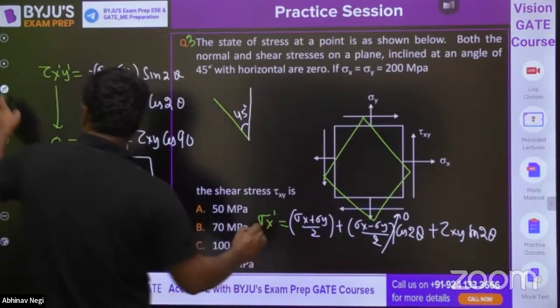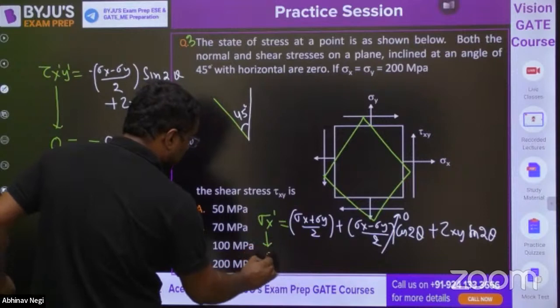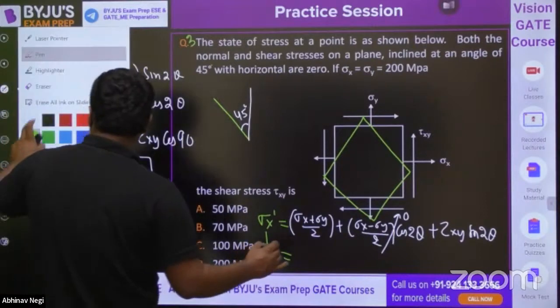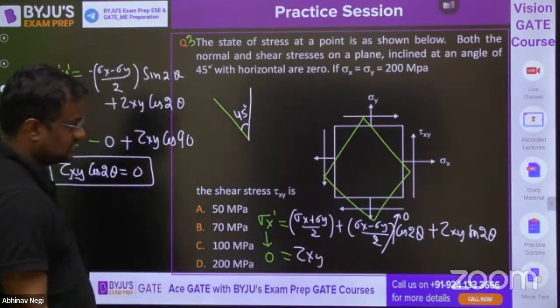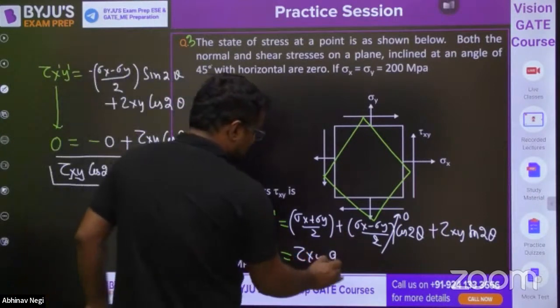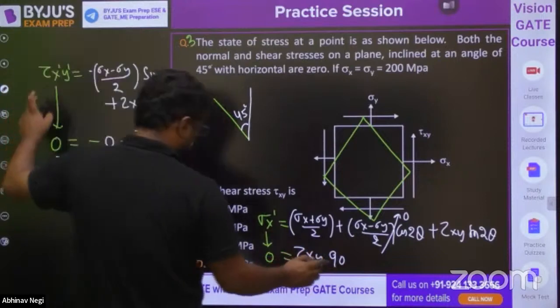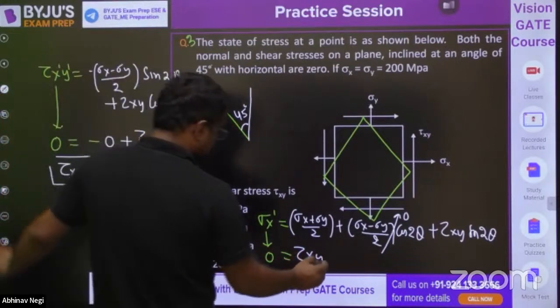So here the sigma x dash value is given as 0. Both the conditions have to be checked now. So this is tau xy and sine 90. Sine 90 is 1. Okay.